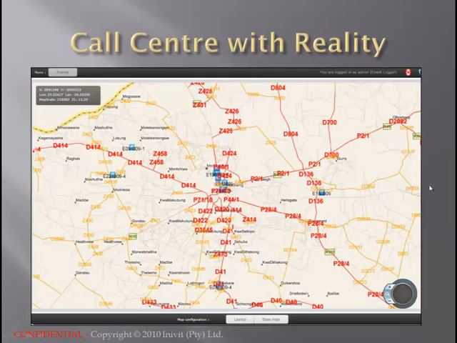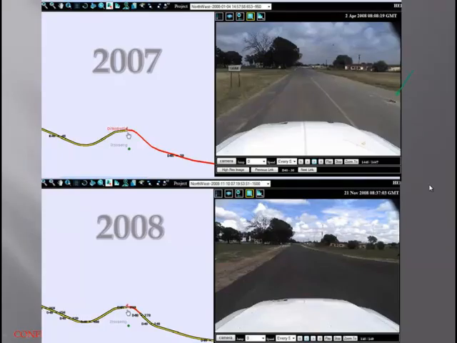Call centers can be created for more information. Here we want to indicate that this is the same location in 2 different financial years. We can see that the pothole was fixed a year later, but unfortunately the road center line was never painted back, and the road sign indicating the town name was removed during the construction phase.